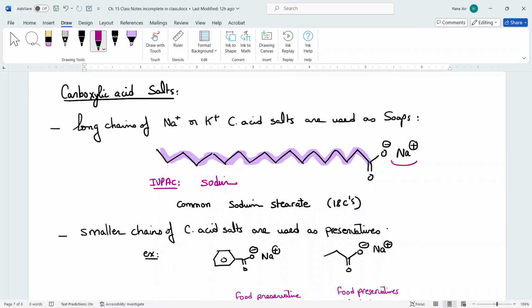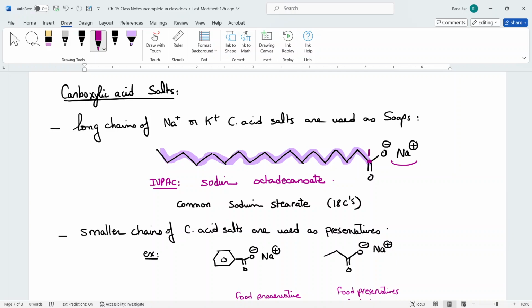Okay, and it is 18 carbons, so dec is 10 and oct is 8, so that is going to be octadecanoate. And the common name, it's sodium stearate. It's fine, you don't have to go by the common, but you should be able to name the IUPAC. This is a chain of 18 carbons, and of course you have to start numbering from carbon number 1.